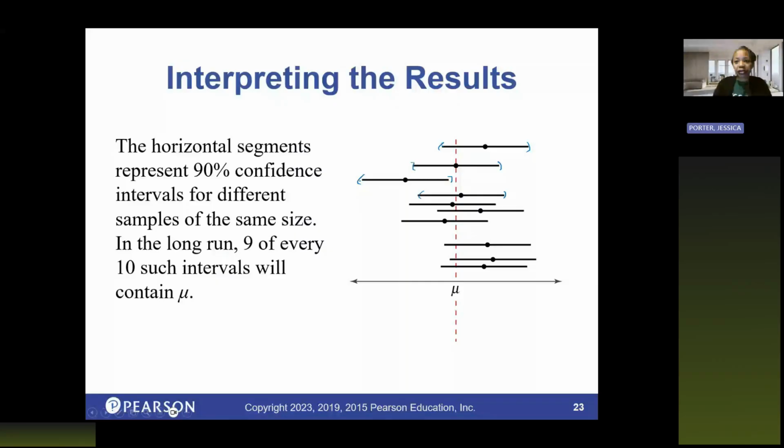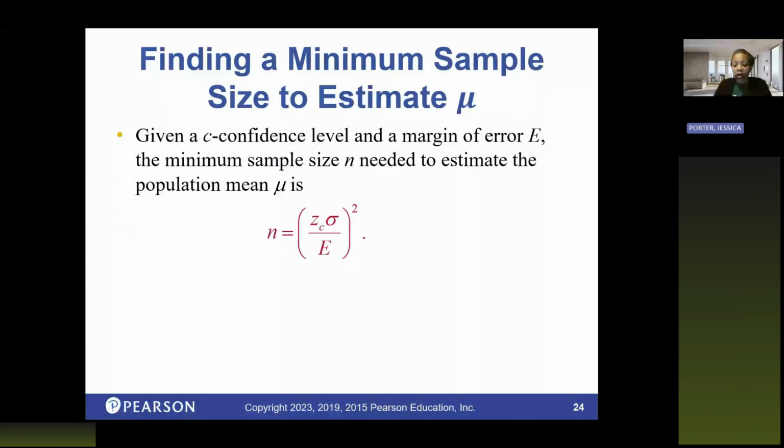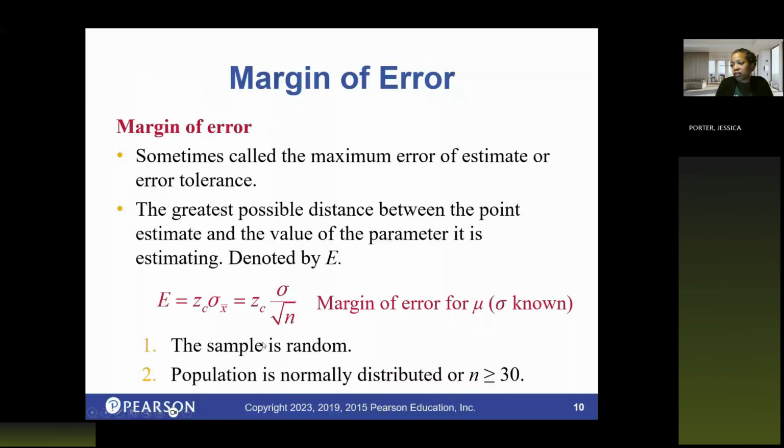Okay. Last part of this section, we're going to work backwards from our formula. Let's look at the formula that we had before. Here, the margin of error for the mean mu.